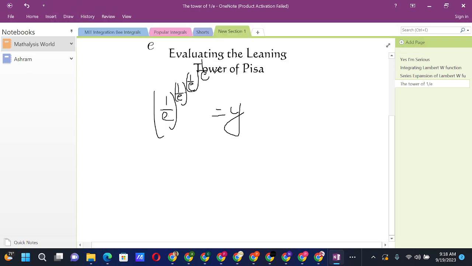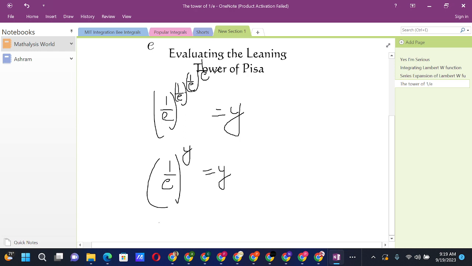And now we see that the tower is starting from 1/e over here, or even if we just take out the first term and let the other towers be as they are, then the other tower will still be y, since it's going to infinity and is the same as the original tower. So we get this expression.